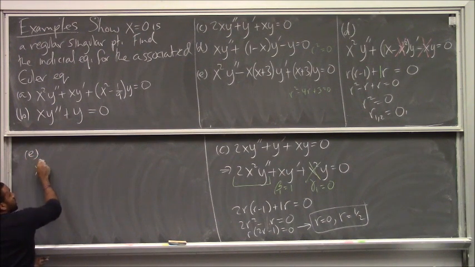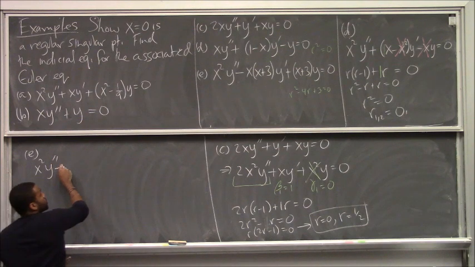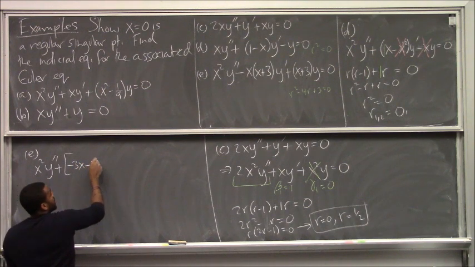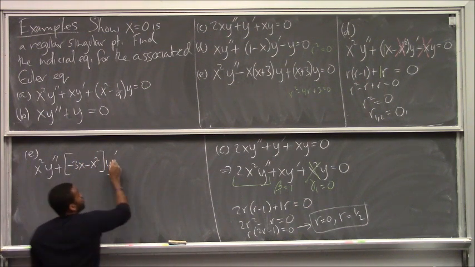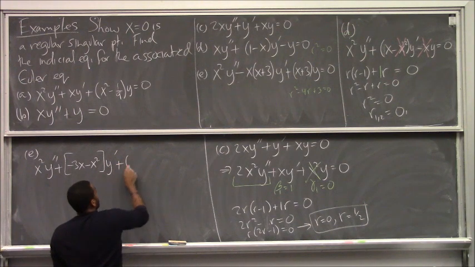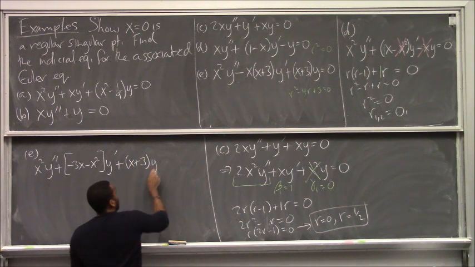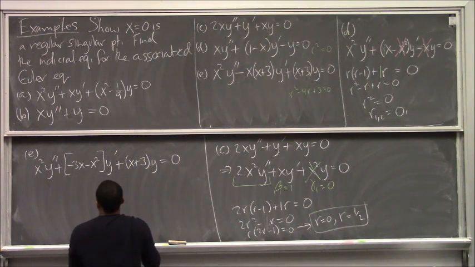So this here is x squared y double prime minus, it will be minus 3x squared, y prime plus x plus 3y equals 0. Okay, who messes up? Minus x squared messes up. Who messes up here?